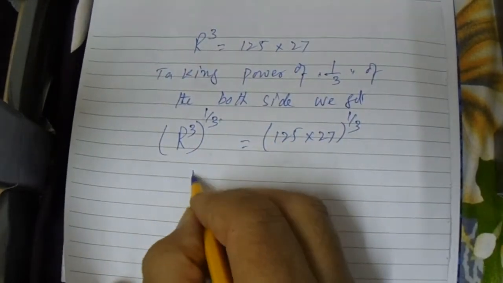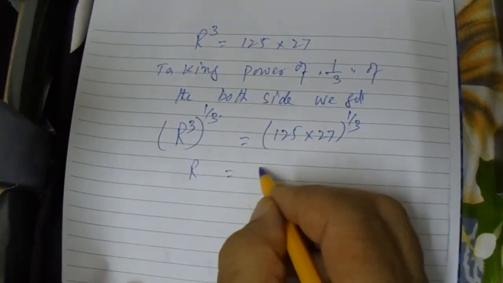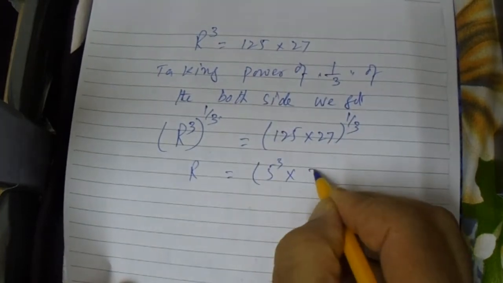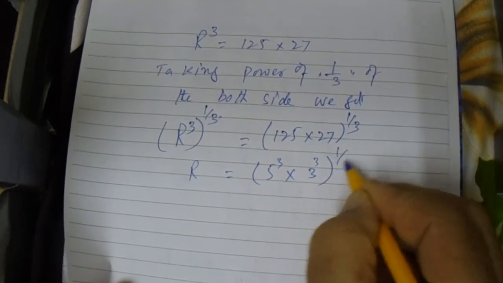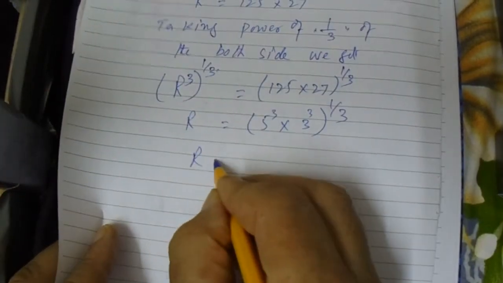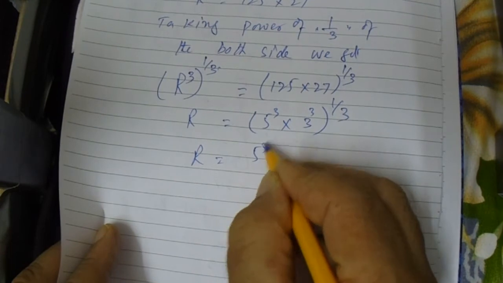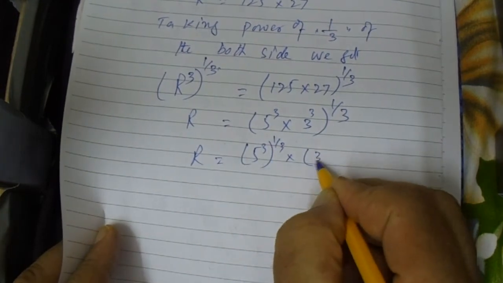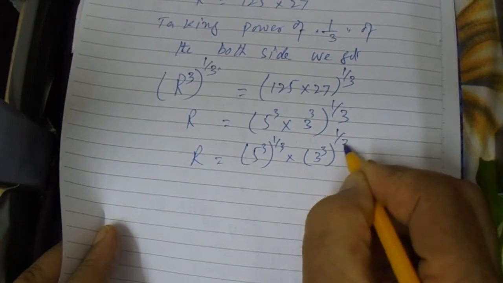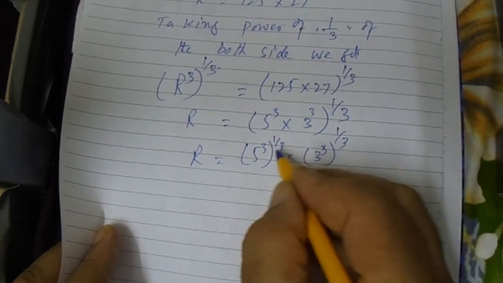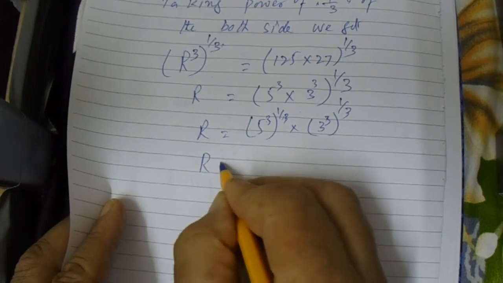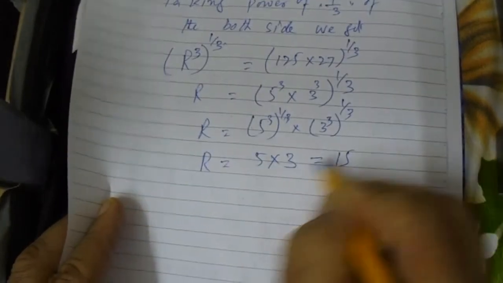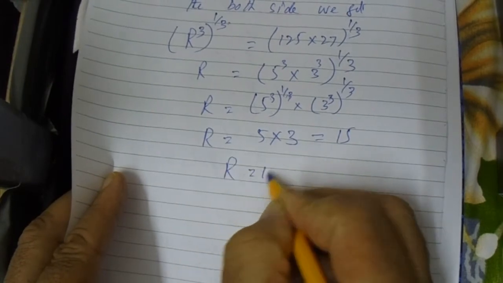Now this will cancel, we have R is equal to, and we write again 5 power 3 multiplied by 3 power 3, all to the power 1 by 3. R is equal to 5 power 3 times 1 by 3, multiplied by 3 power 3 times 1 by 3, and this will cancel. R is equal to 5 multiplied by 3 is equal to 15. Now R is equal to 15.